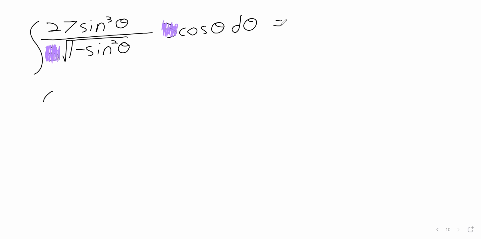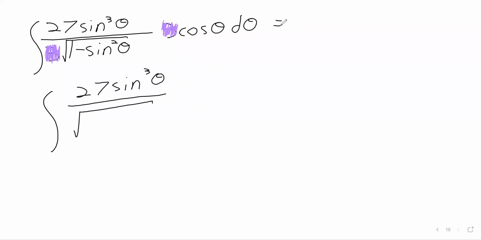And now the real point of all of this is to get rid of the square root. It's to use the Pythagorean identity to turn the thing under the square root into a square.